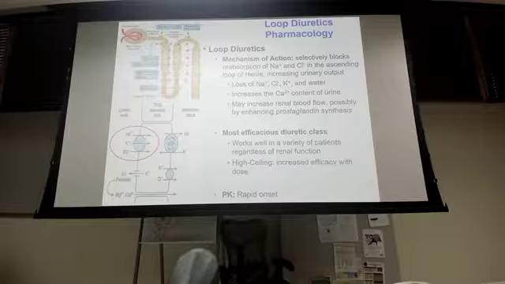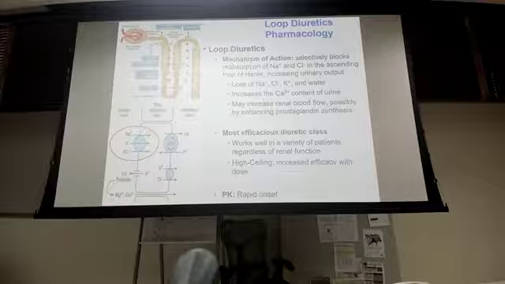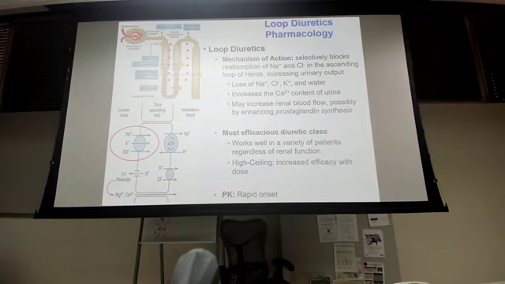That's the loop. Loops act in the thick ascending limb of the loop of Henle. They're the best at diuresis. The strongest. They don't have any of that tachyphylaxis phenomenon that we saw earlier, where they stop working in a very short time. They're very, very good at what they do, i.e. diuresis.